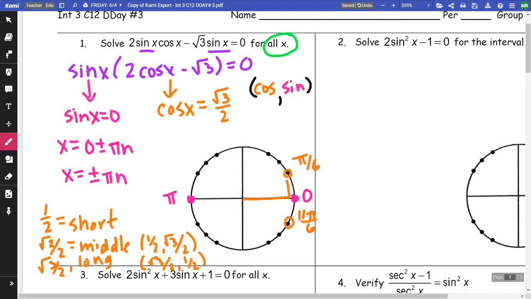Now, when you're doing this, you want to pay attention to whether or not you can get back and forth between them by adding or subtracting one thing. From 0 to pi, it's the same distance this way as it is this way, okay?